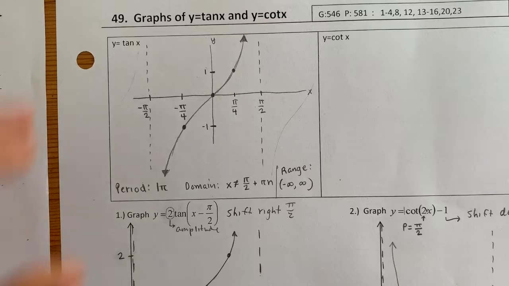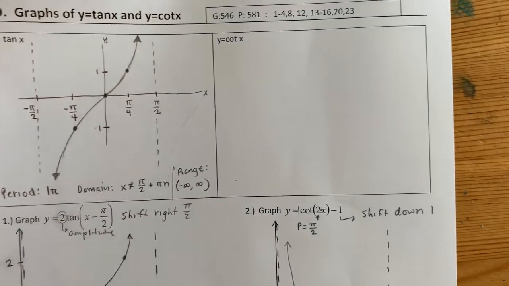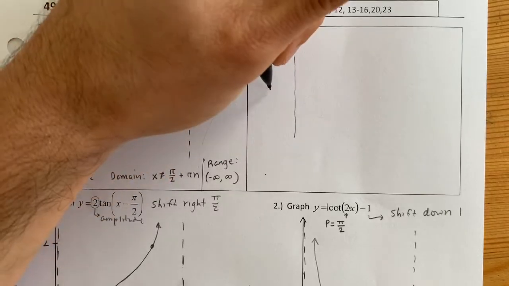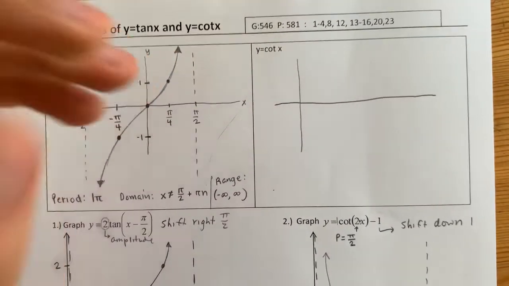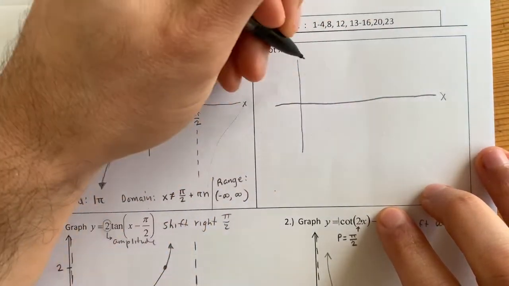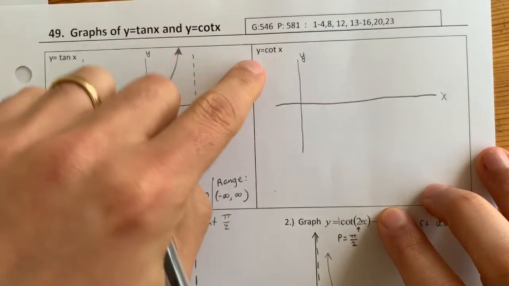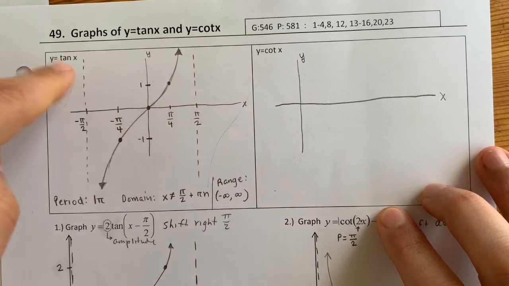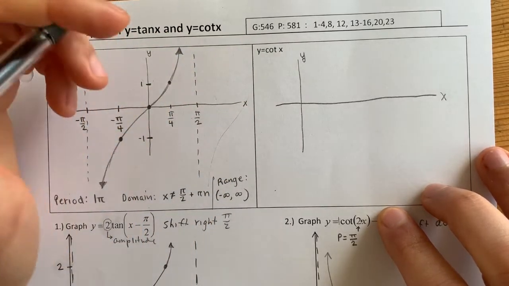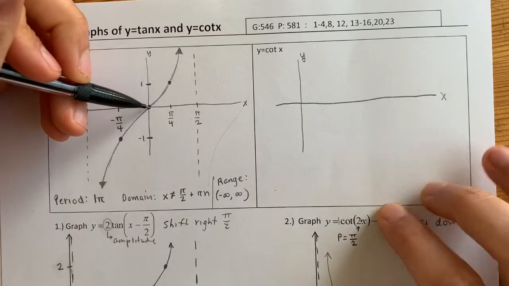All right, let's do the cotan graph. So the cotan graph actually will be not centered, but more on the positive side of the x-axis. Cotan is the reciprocal of tan. So what I'm going to do is look at these points and reciprocate their values. I'm going to start at 0.